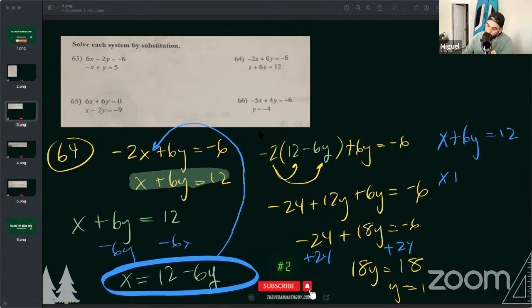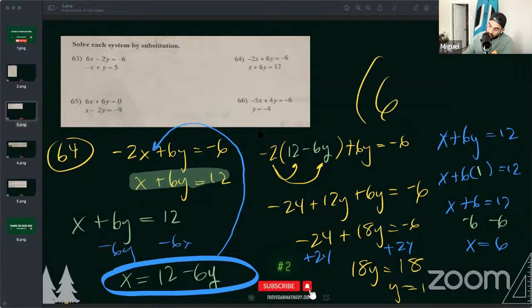So that gives me x plus 6 times 1 is equal to 12. So that's x plus 6 is equal to 12. If we subtract the 6 to the other side, we get that x is equal to 6. Awesome, and now we have our answer: 6, 1.